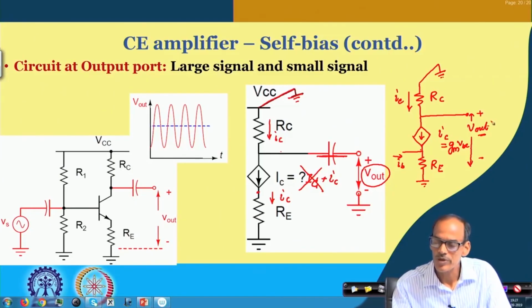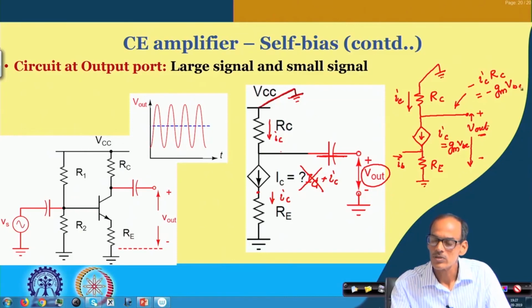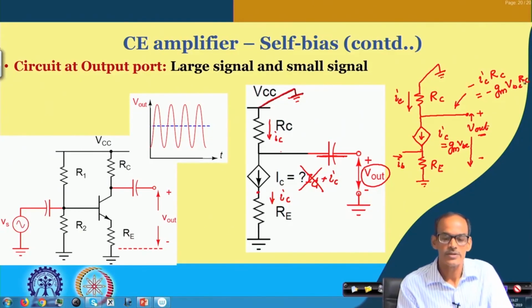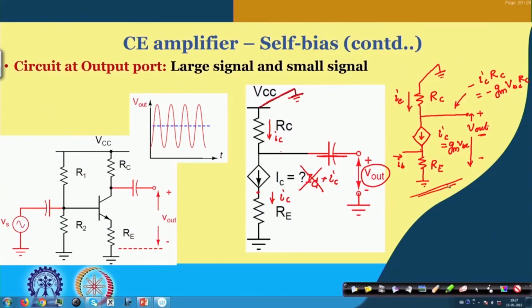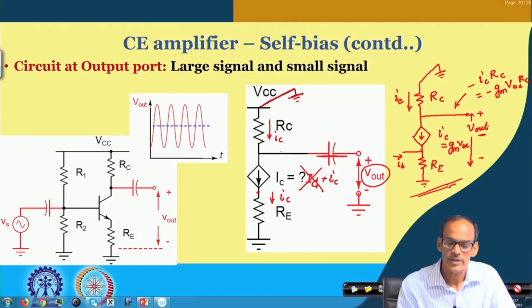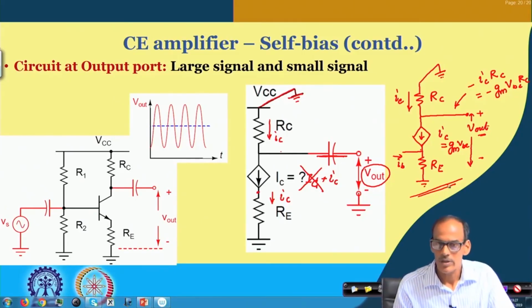So, the output signal at this point is minus ic into RC, which is equal to minus gm into VBE into RC. While we combine this small signal equivalent circuit at the output port and the small signal equivalent circuit at the input port, we can get the combined small signal equivalent circuit.